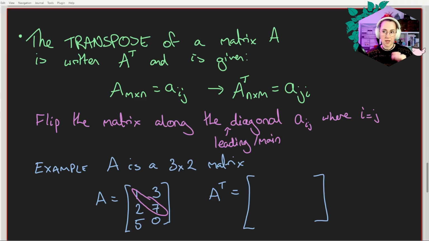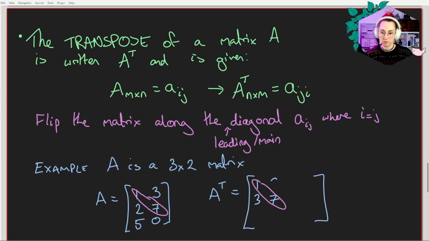So the diagonal doesn't go all the way down to the corner. It's not a nice 3 by 3, it's not a square matrix. But what that means is we should have unchanged here: 1,1 stays the same, and 2,2 stays the same. But now this 3 was our first row, second column, so now it becomes our first column, second row.